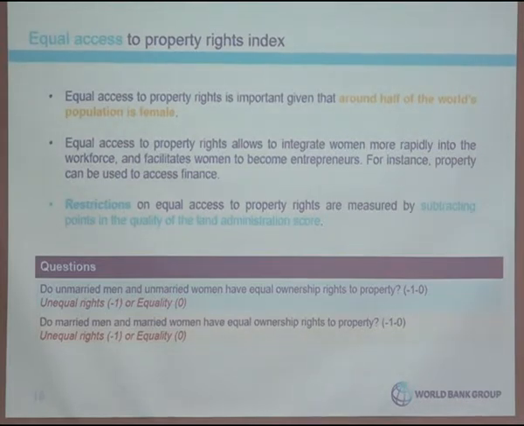So basically, if there is a difference in the ownership rights of unmarried men and unmarried women, or married men and married women, then in that case, we will be subtracting points from the economy on the quality index of this indicator. And here we can subtract up to 2 points and 1 point on each of the 2 questions that we can see on the PowerPoint presentation.